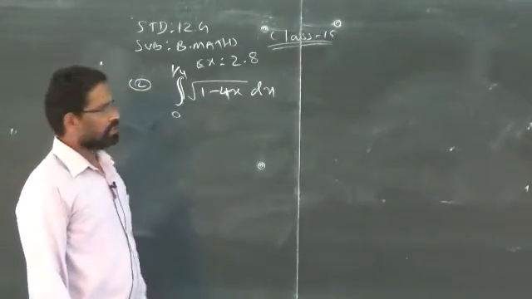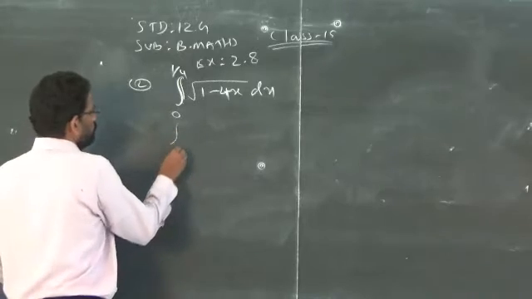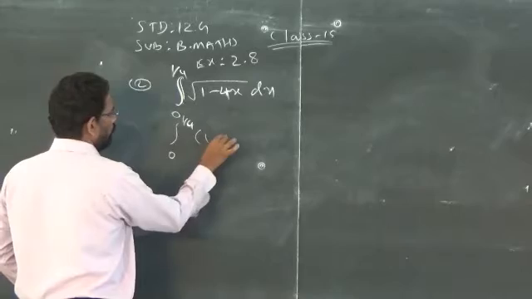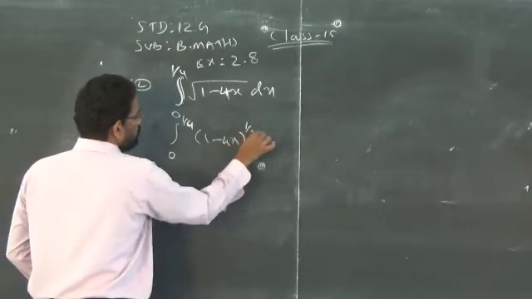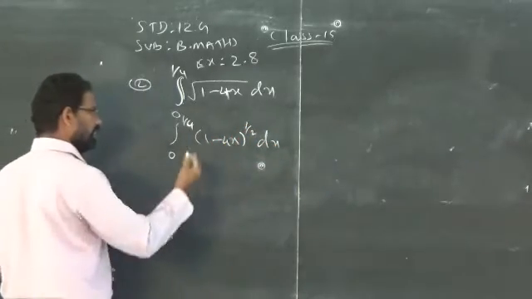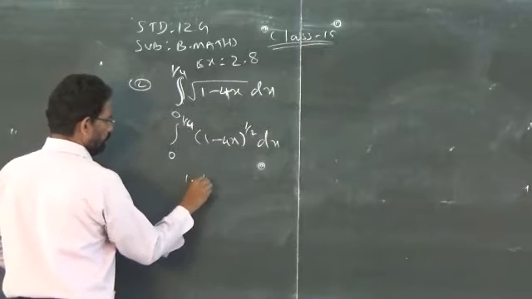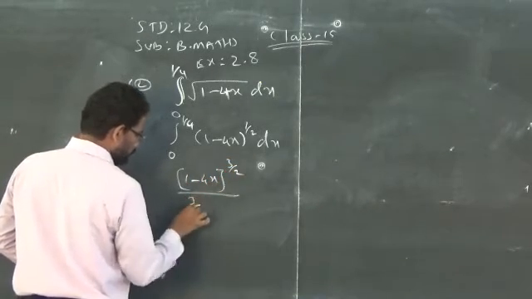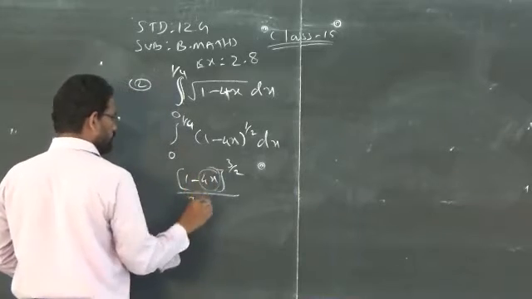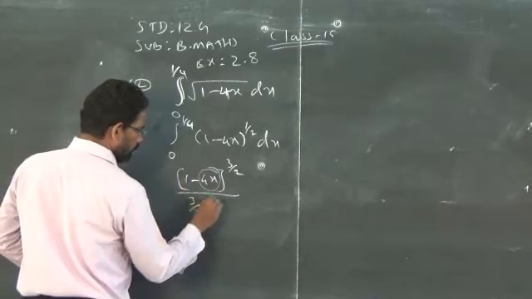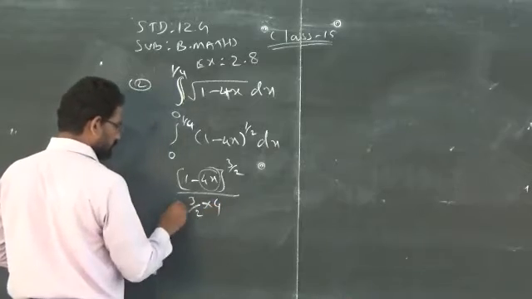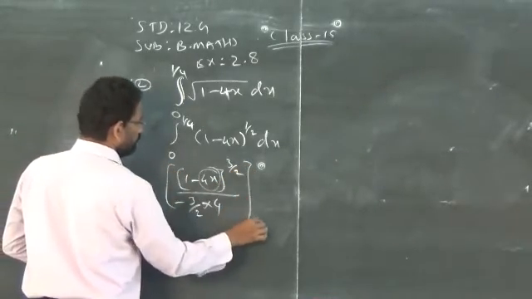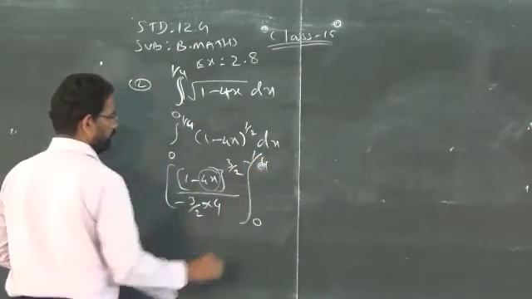This is normal integration. You should know how to replace the square root symbol. Mathematically you can replace it with power half, then normal integration: 1 minus 4x power 3 by 2 by 3 by 2 into the differentiation of 4x, which is 4, that is minus 4, clear. So you have to introduce the limit 0 to 1 by 4, normal.